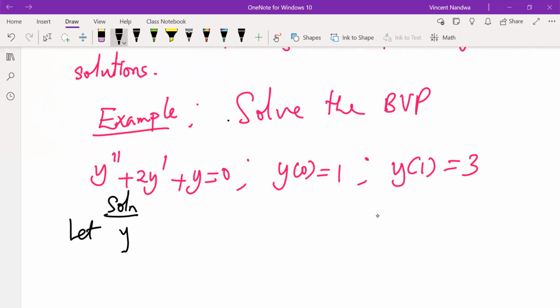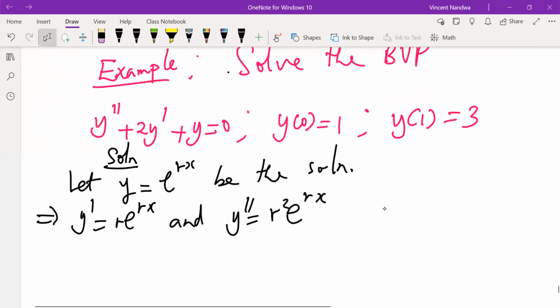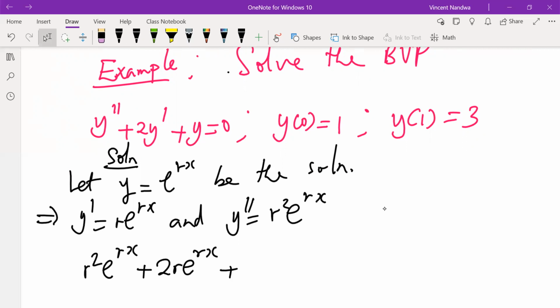Let y equals e raised to the power rx be the solution. So the first derivative is r e raised to the power rx, and the second derivative is r squared e raised to the power rx. Replacing, we get r squared e raised to the power rx plus 2r e raised to the power rx plus e raised to the power rx equals 0.